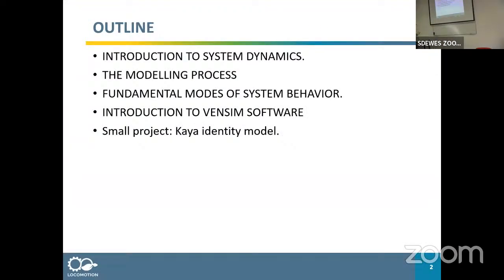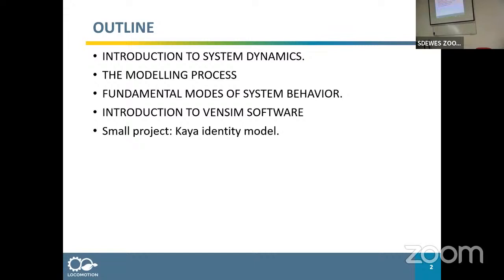There will be four or five parts. First, an introduction. Then I will explain the modeling process. Then some fundamental modes of system behavior. This is one of the reasons we use system dynamics: trying to understand the behavior of systems, all the things that are common to all systems.